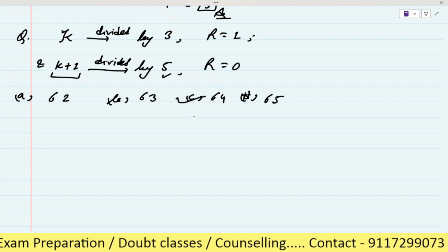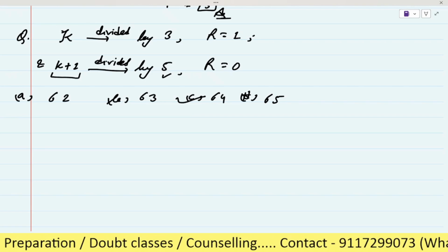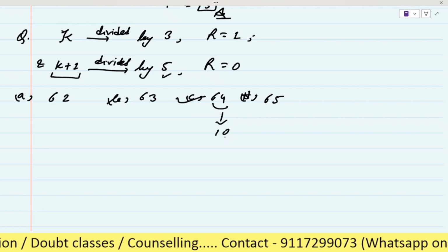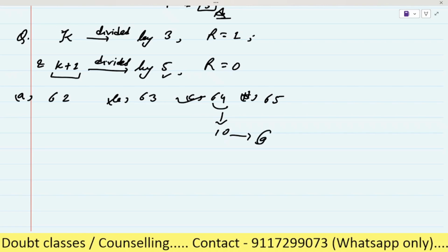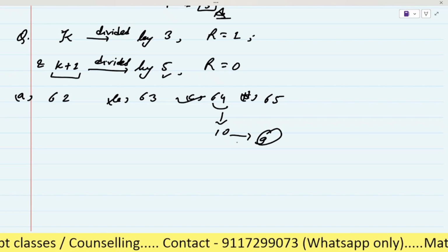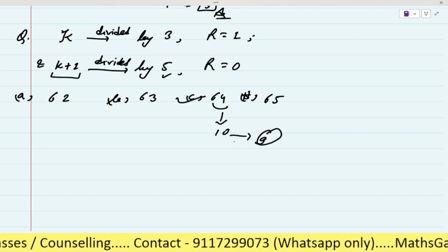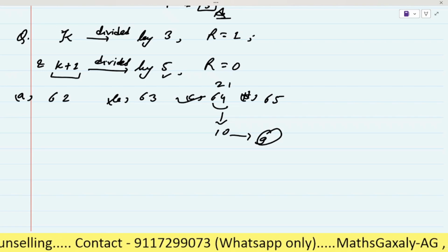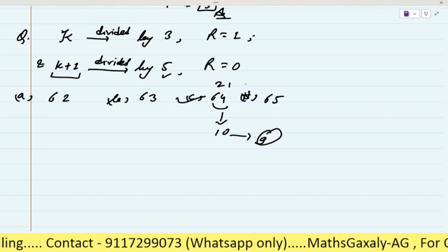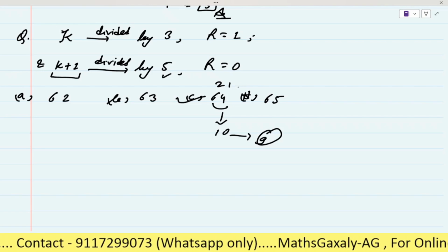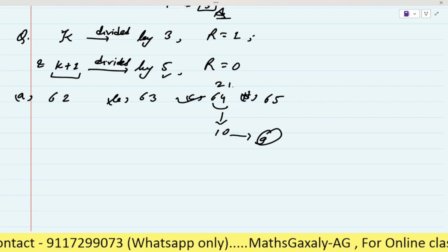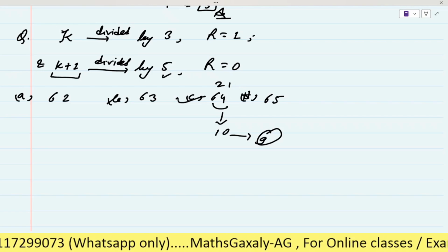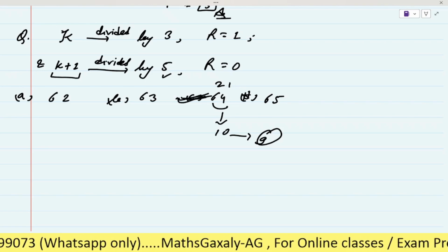So you have to check it by 3 also. 6 plus 4, that is 10, and when you divide it by 3, you will get 1 as a remainder. 3 times 3 is 9 and 1 is the remainder. So 64 is the correct answer.